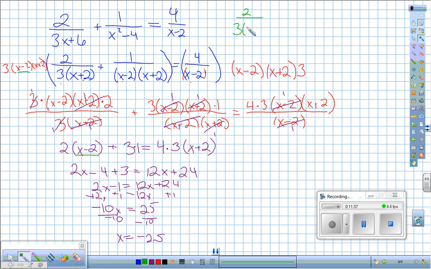I'll have 3 times 2.5 plus 6 plus 1 times 2.5 squared minus 4. Is that equal to 4 over 2.5 minus 2? And this should all work out. We can get everything down into decimals. So I'm just going to plug this in the calculator.